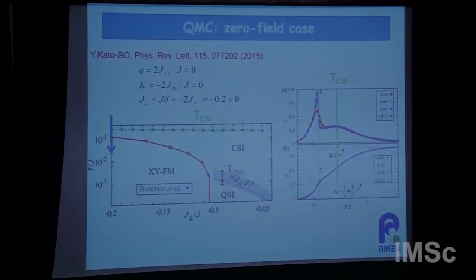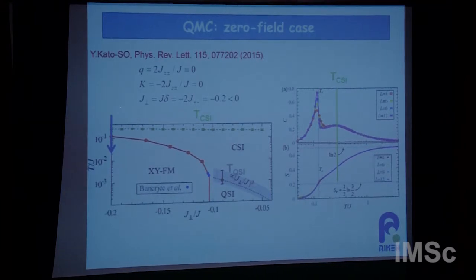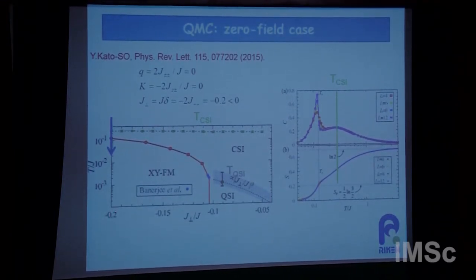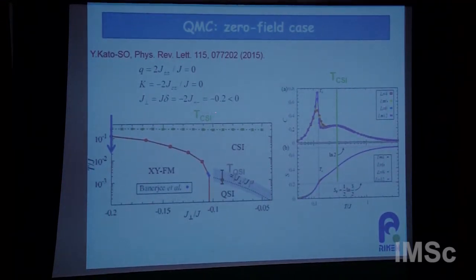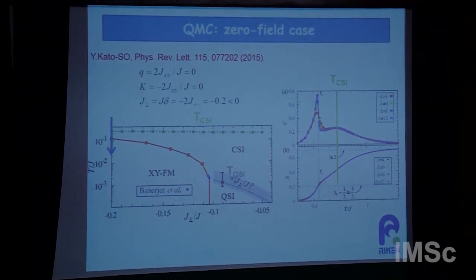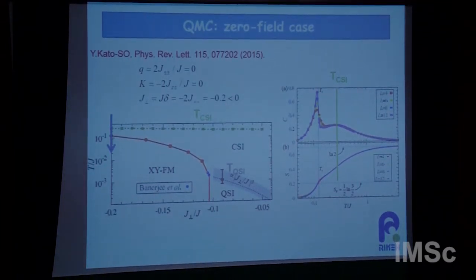So we got the planar ferromagnetic long-range order here on cooling in this direction. Remember that previously the gauge theory predicts the critical value, the transition point for J perpendicular, to be around minus 0.2. But actually, it's already deep in the ordered phase.